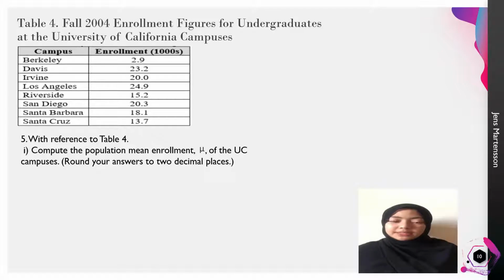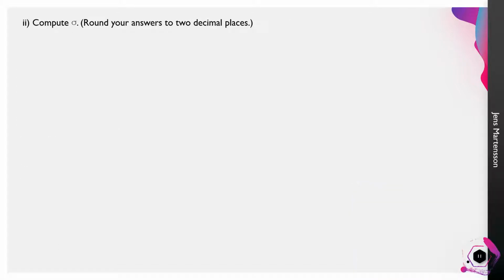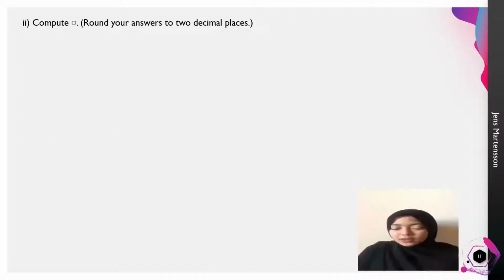The population mean. The formula of population mean is mu equal to total of x divided by the number of population. So we have to total all the enrollments data divided by 8, and we will get the answer 17.29 because the answer must be in 2 decimal places. Next. Compute a population standard deviation.